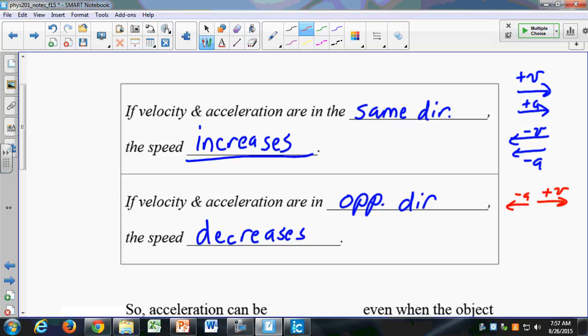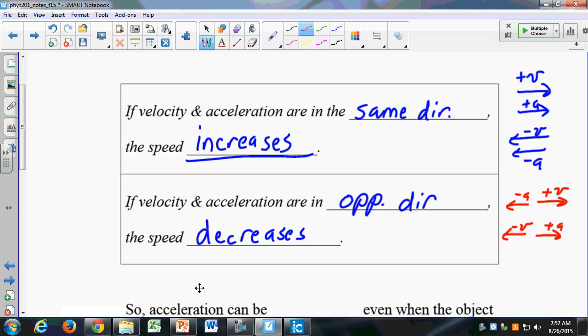Here, in the second scenario, I can have either a positive v and a negative a, right? In that case, it's slowing down. Or I can have a negative v and a positive a. In this case, I have a negative acceleration and it is decreasing. And here I have a positive acceleration and it's still decreasing in speed. It's slowing down. So positive or negative acceleration can mean either speeding up or slowing down.